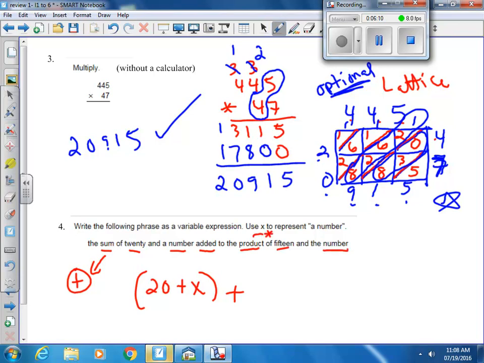Product is a keyword for multiply. So I could say 15 dot x or times x, or I could just say 15x. Okay, so again, the sum of 20 and a number added to the product of 15 and the number. And we don't have to simplify that, we can leave it like that.